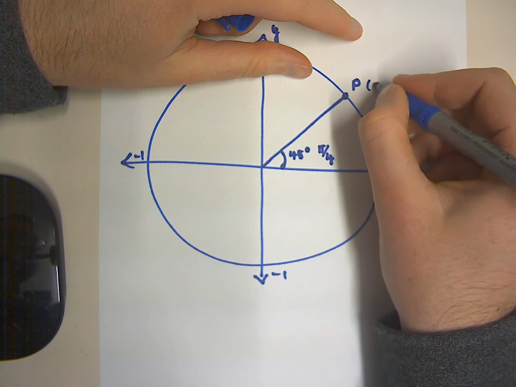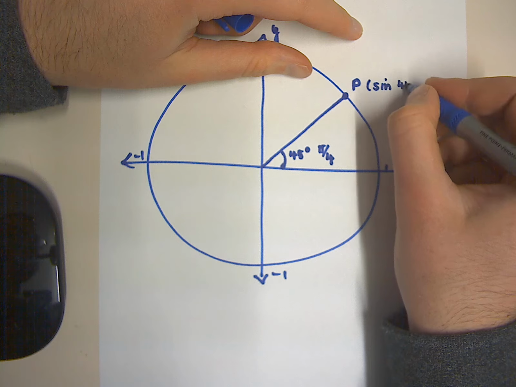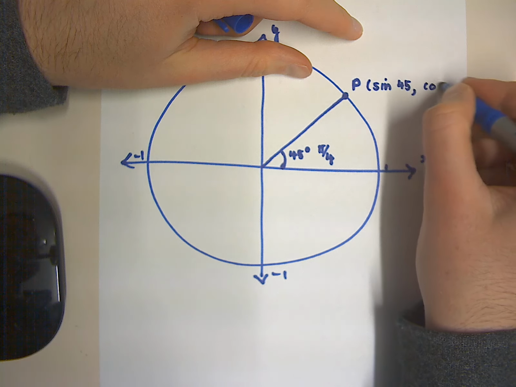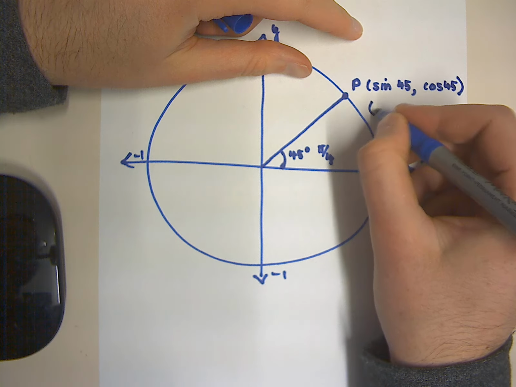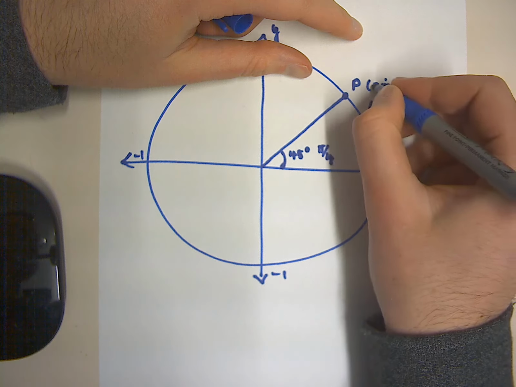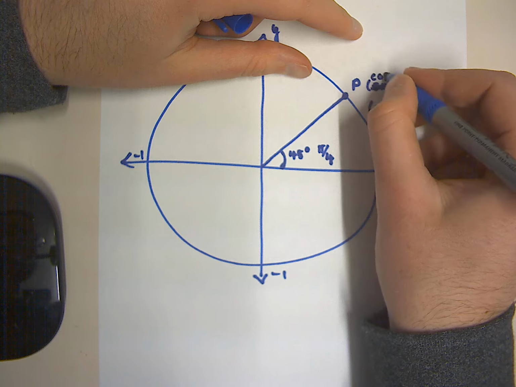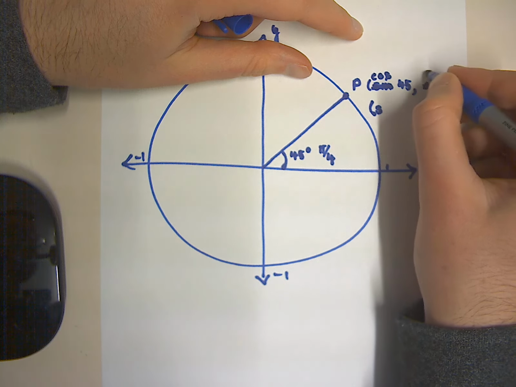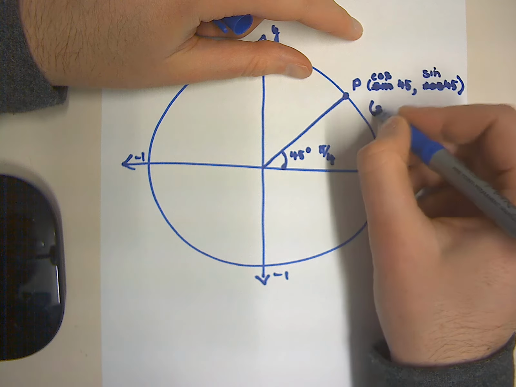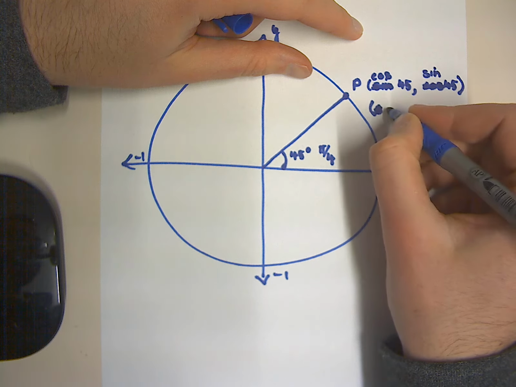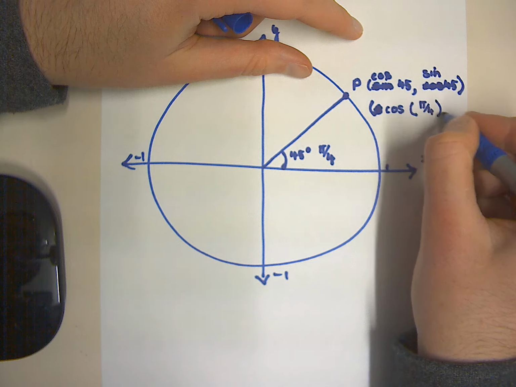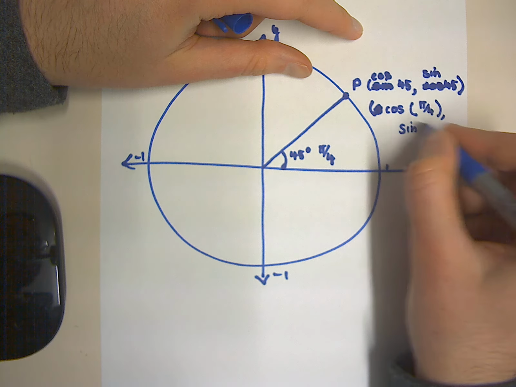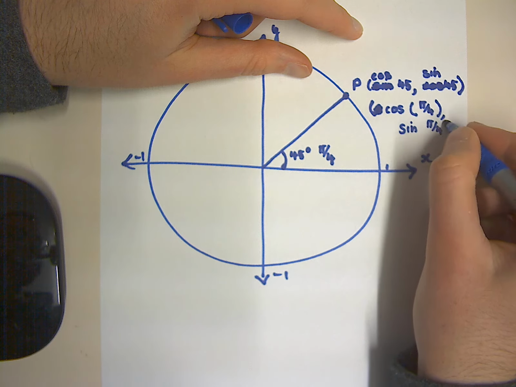So this is sine 45, cos 45, or, whoops, no it isn't, the x-coordinate is cos, the y-coordinate is sine, or if you prefer, it's cos pi on 4, sine pi on 4 using radians.